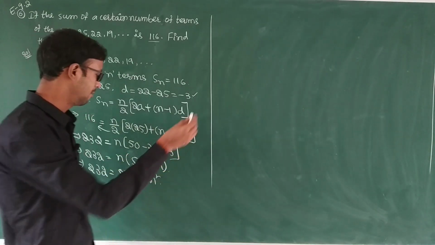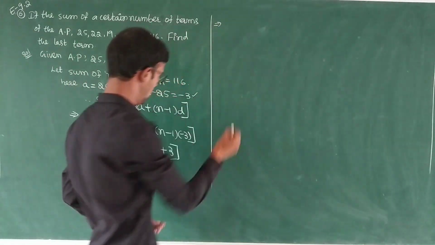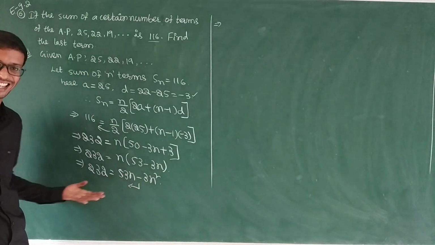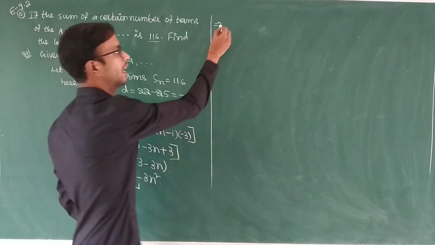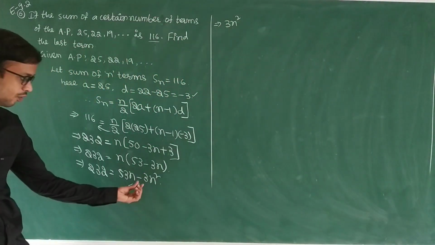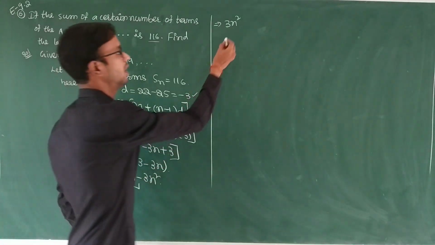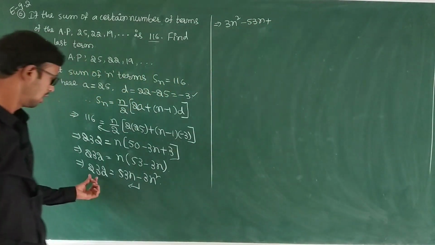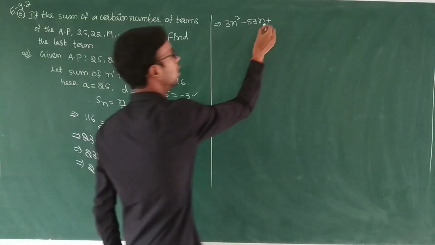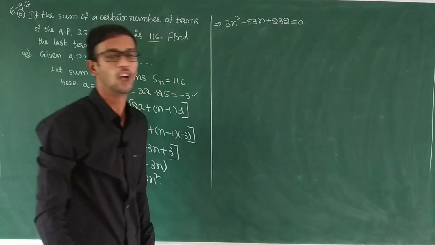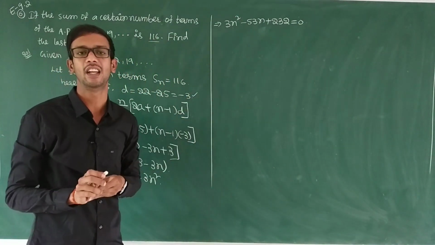Now simplify again. Sending the total to the left side, you will get 3n square minus 53n plus 232 equal to 0. This is a quadratic equation.